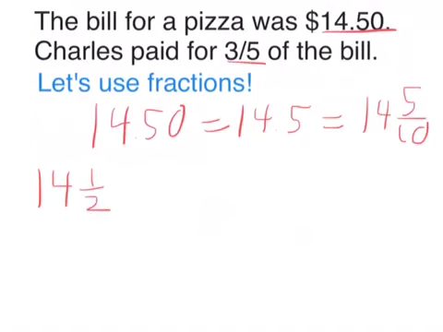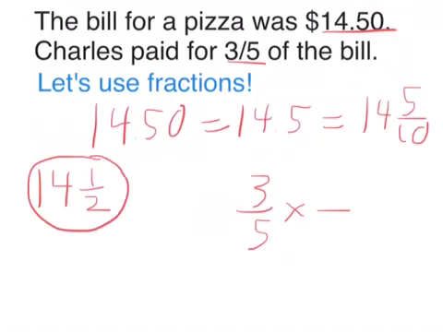Now, in order to multiply fractions, we're going to do 3/5 times something. We'll have to turn this into an improper fraction. So 14 1/2, we would multiply 2 times 14, which is 28. Add the 1 to get 29 halves.